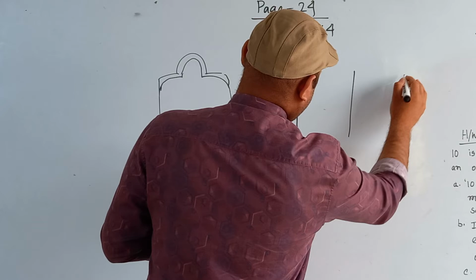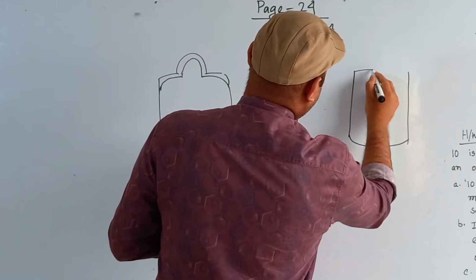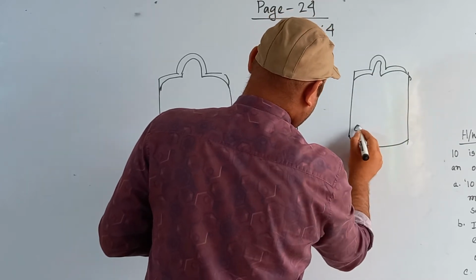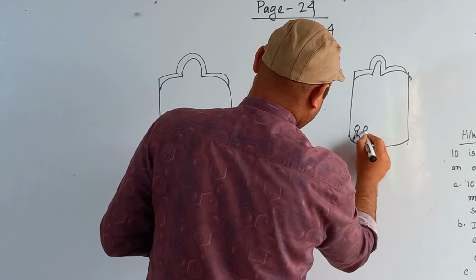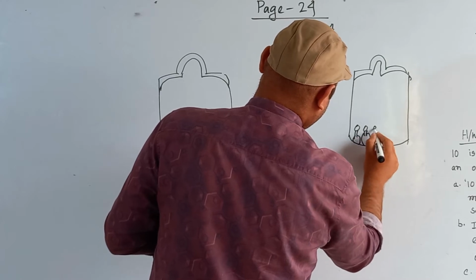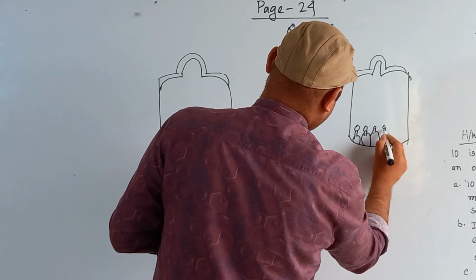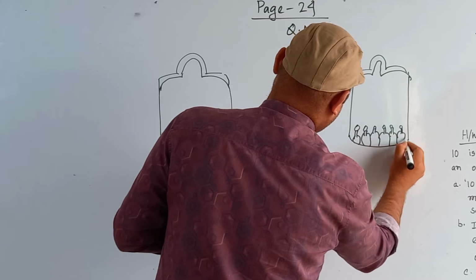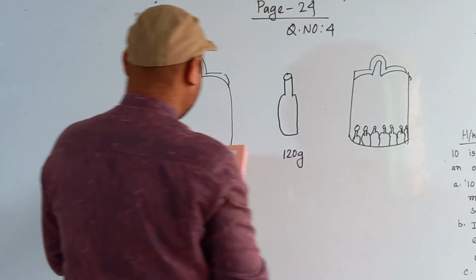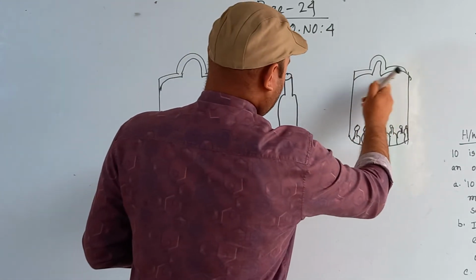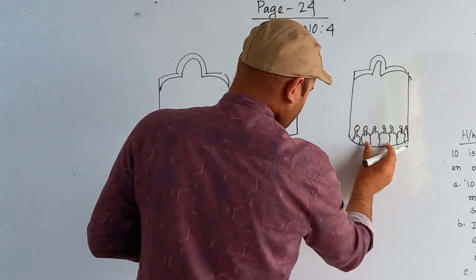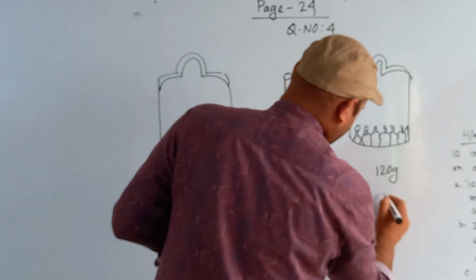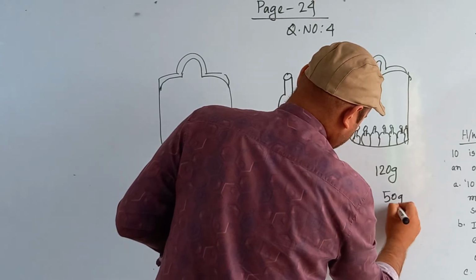So if Meena puts several bottles in here, the total weight of this bag will be 120 grams of bottle and 50 grams of bag.